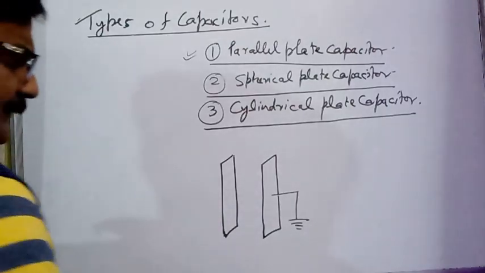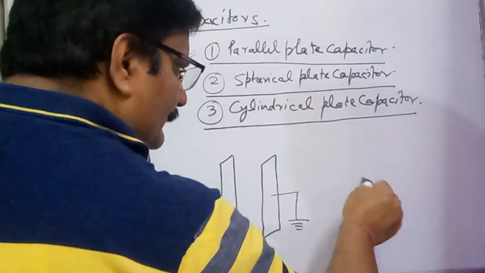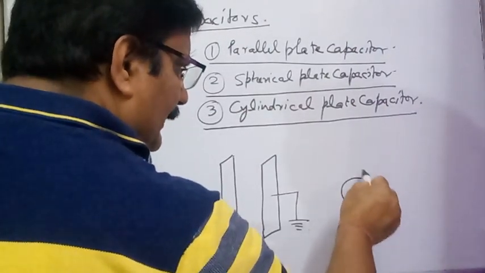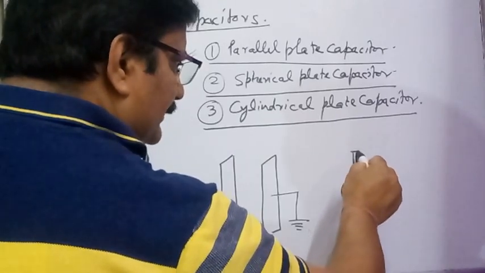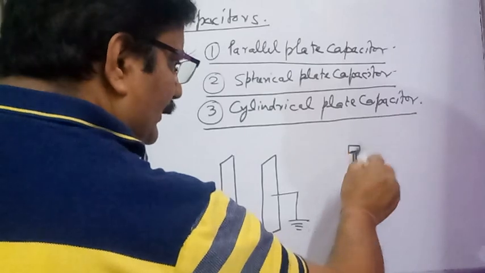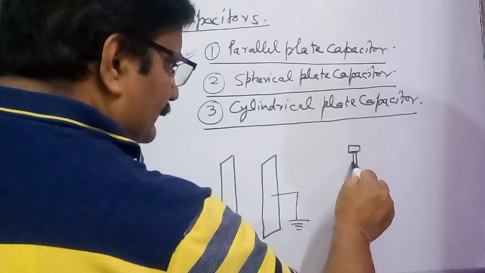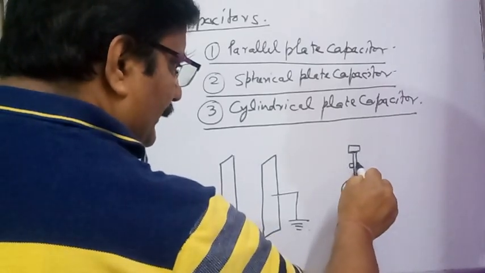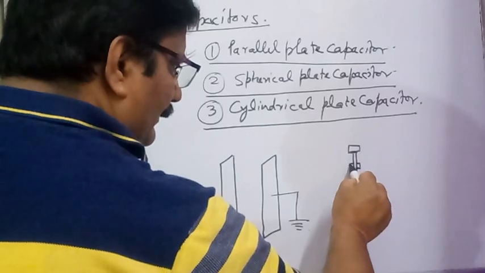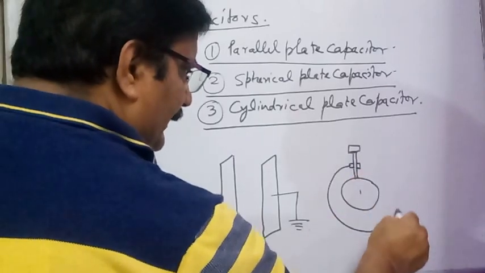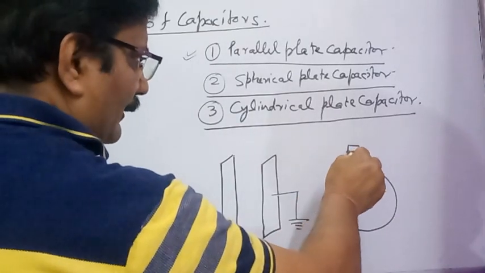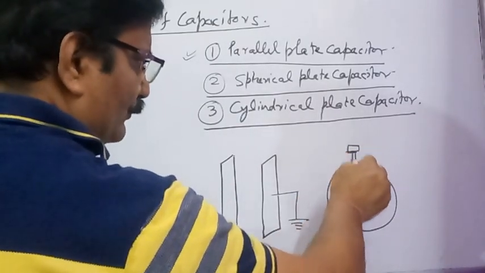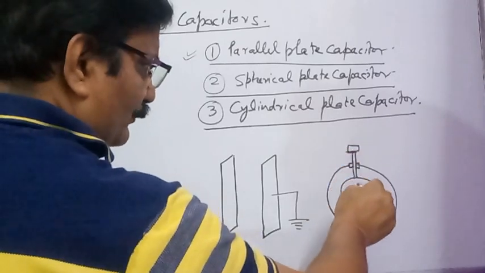If the plates of the capacitor are in the form of concentric spheres, suppose this plate is meant to store the charge, and another insulated plate, again spherical, there is a metallic rod provided to transfer the charge to the inner plate.